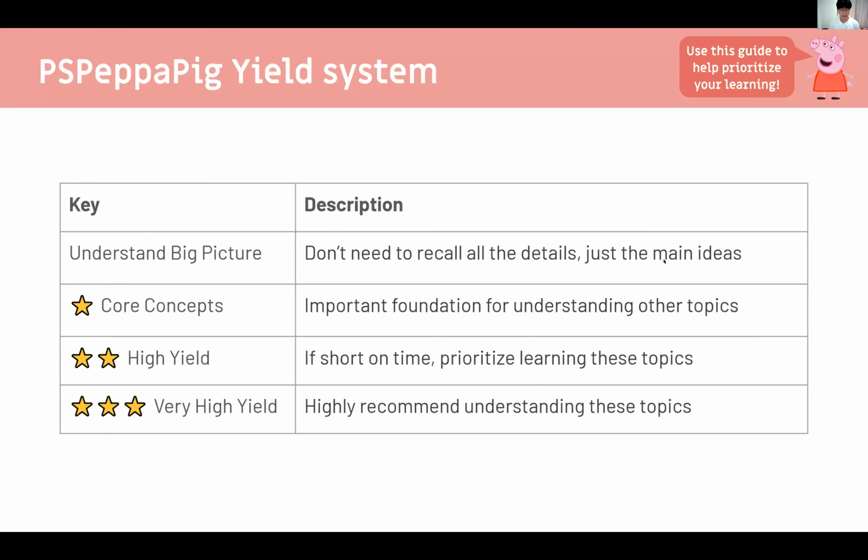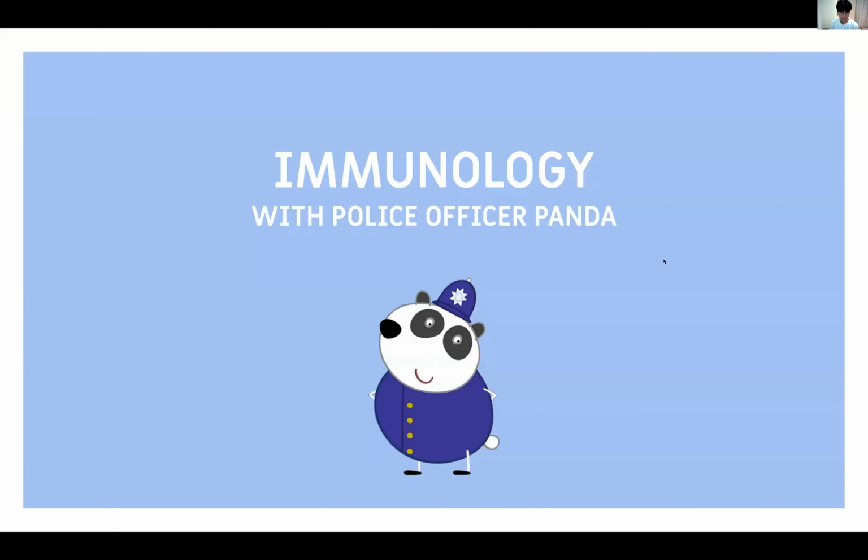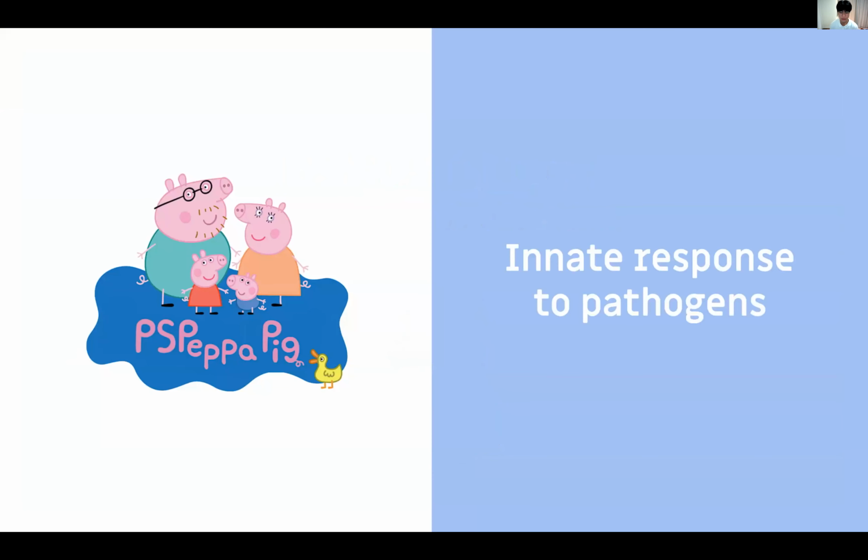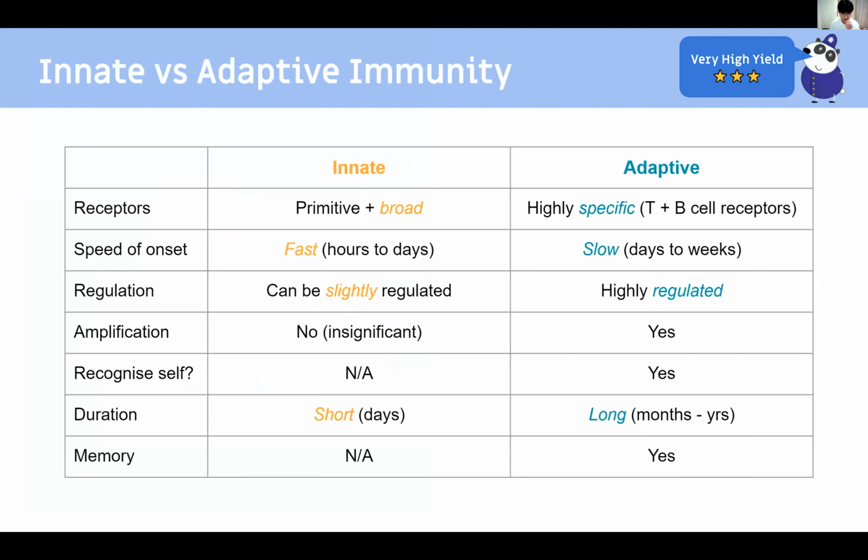So starting off, this is just the immune system and immunology. Right, so innate response to pathogens. There's obviously innate versus adaptive immunity. Hopefully you guys know that because you would have come across it at least once if you did the bio bridging course, or the Bio 3-4. But essentially innate and adaptive are different.